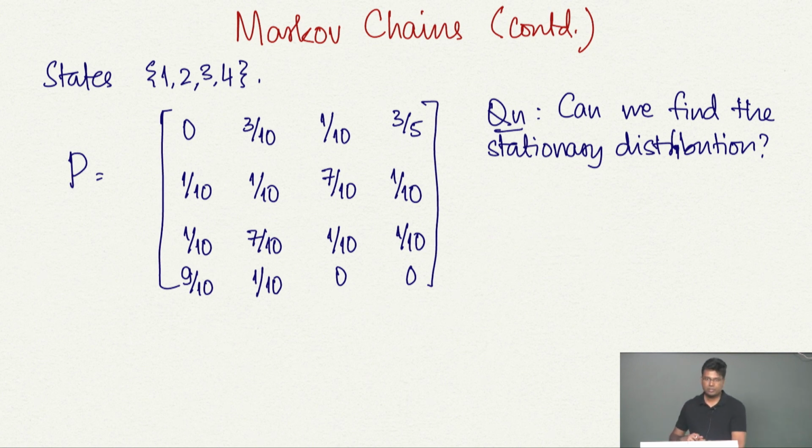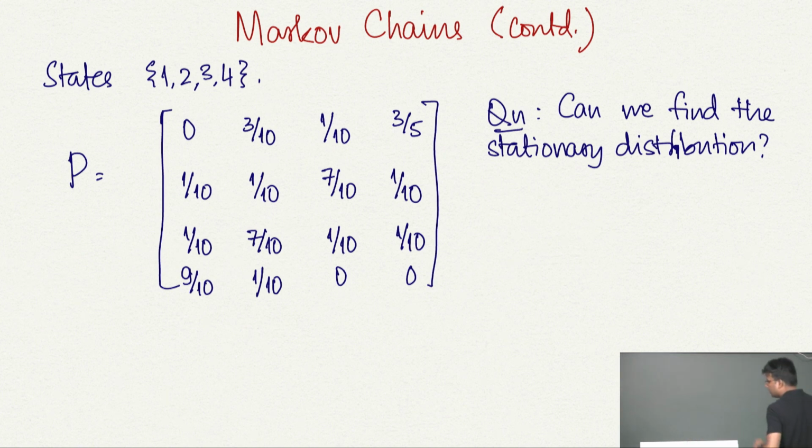So can we compute this? Given this matrix, can we compute the stationary distribution? This is to get your hands dirtier, okay?